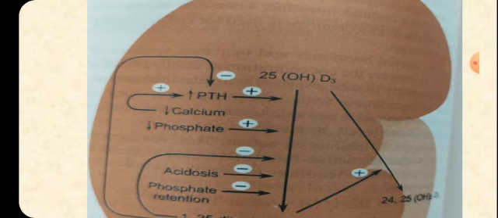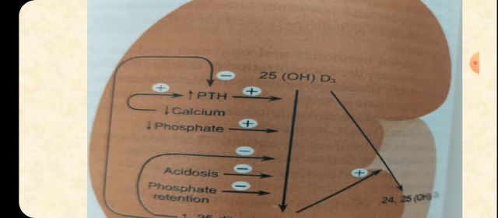In the segment on parathyroid hormone, we have seen that whenever there is a fall in ionized calcium, PTH synthesis gets stimulated, and under the action of high PTH, the 1-alpha hydroxylase enzyme is stimulated, and thereby synthesis of activated vitamin D3 is also stimulated. So, low calcium and high parathyroid hormone are the stimulus for vitamin D synthesis.